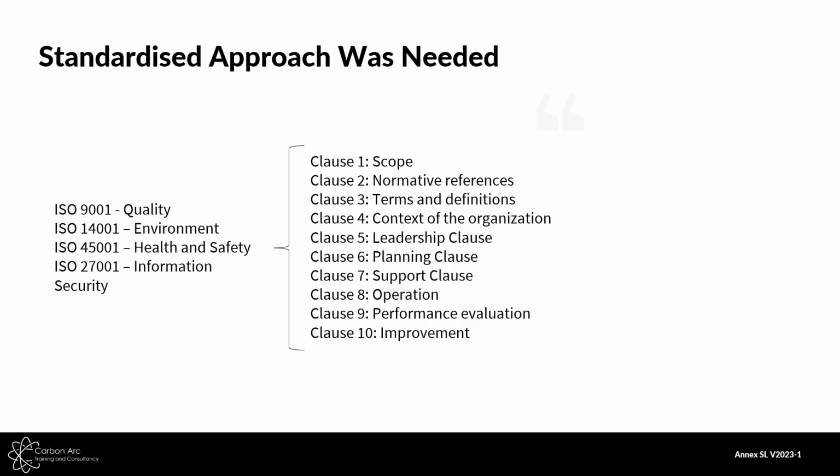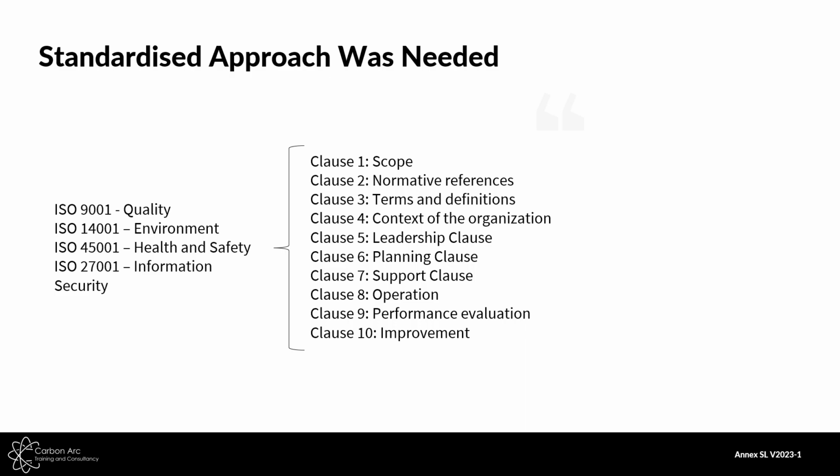Clause 5 is your commitment to making sure that the management system is applied and we're moving forward and always improving. 6 and 7 really are what we're going to do, how we're going to plan for it, and how we're going to resource that plan. Operation is how do we actually do the thing we're doing? How do we make a component, or how do we achieve the goal?